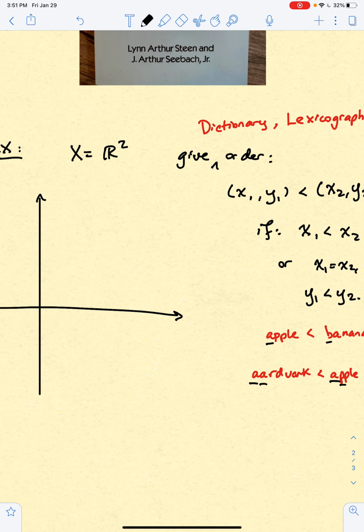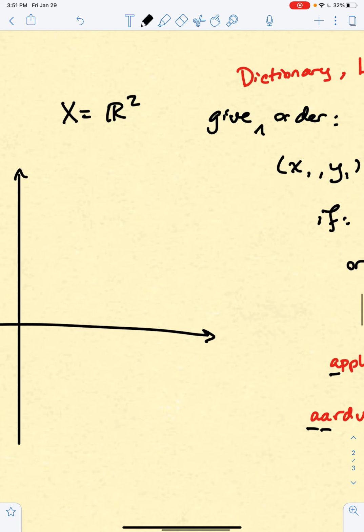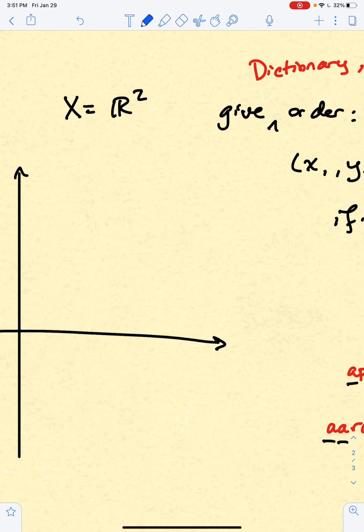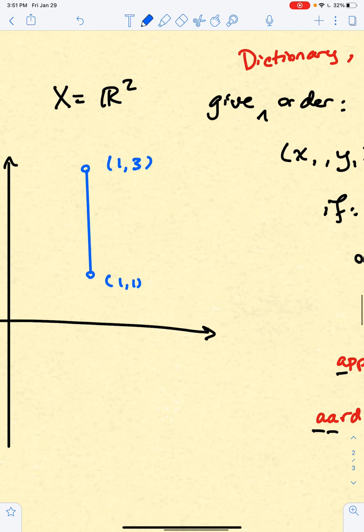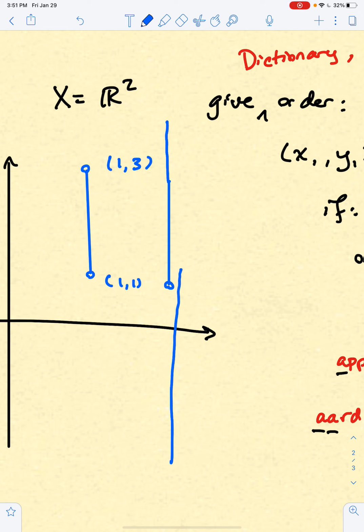So what do the open sets look like in this topology? One example would be something that's just a straight line. For example, if I had the interval from (1,1) to (1,3), that's an example of an open set, right? Likewise, I could have something that goes all the way up and comes back up again. This is completely not to scale.